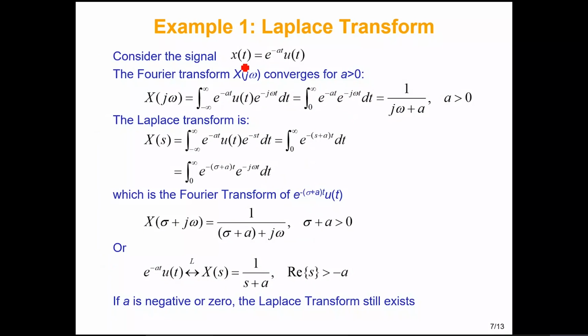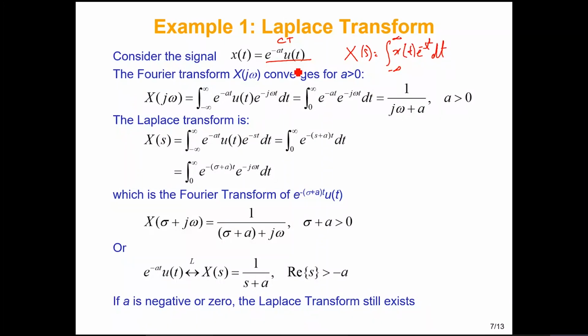Okay, so now the mathematics part of it, a Laplace transform example. If we take the most common signal that we have in continuous time, e raised to the power of minus at times u of t, and we want to take the Laplace transform of this, the Laplace transform formula is simply the integral from minus infinity to infinity of x of t e raised to the power of minus st dt.